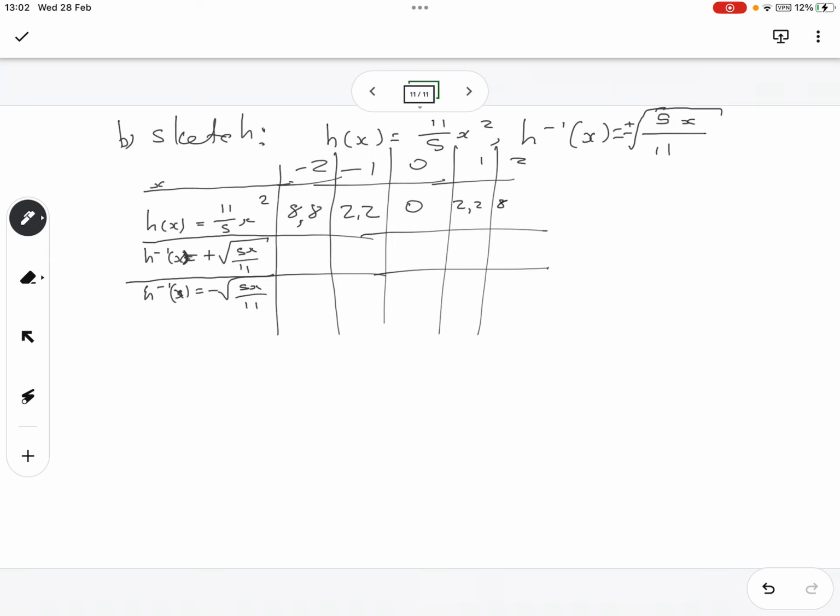And 8.8. Do I have enough space? We'll see. Then for the inverse, the positive side, for -2, error. So for all negatives, it's an error. So 0 will be 0. And for 1, 0.67, okay.